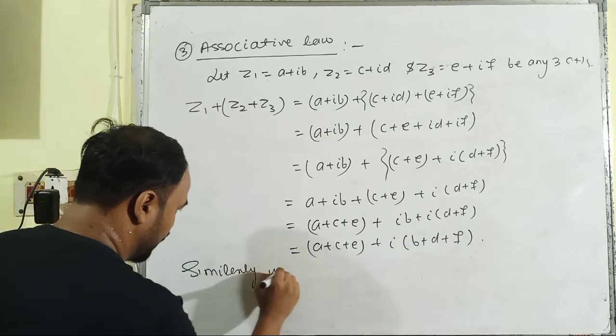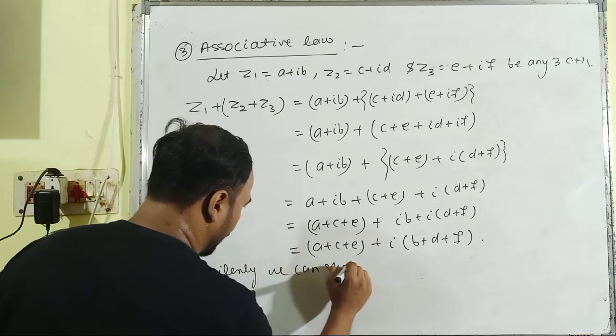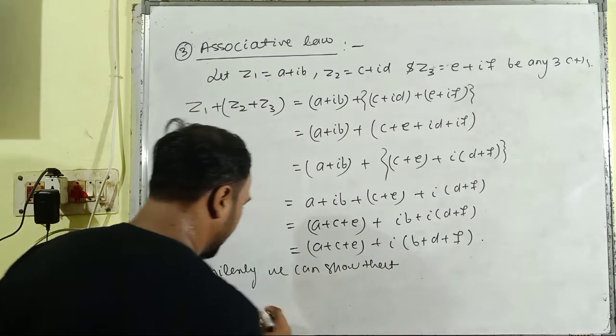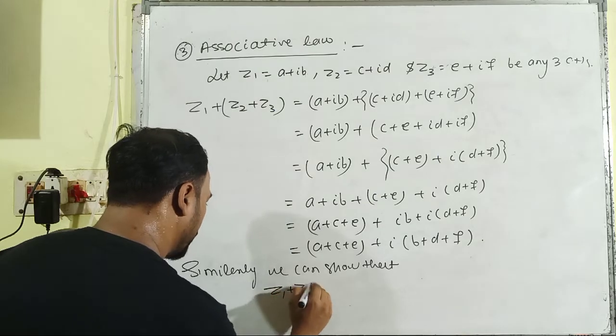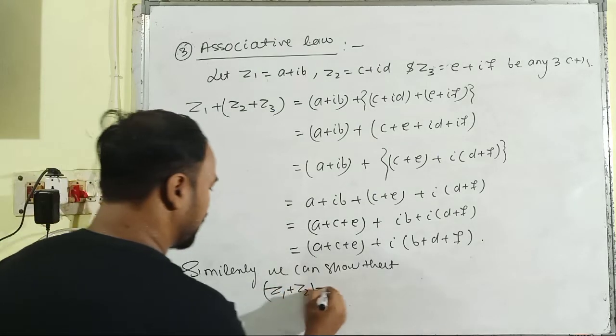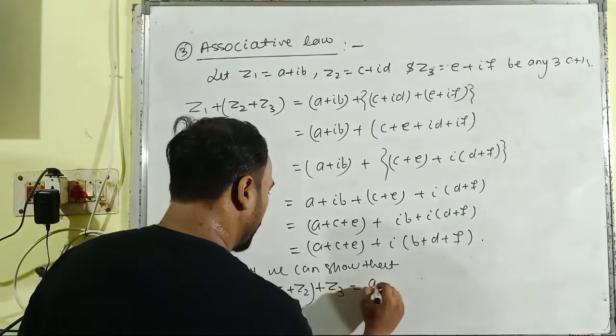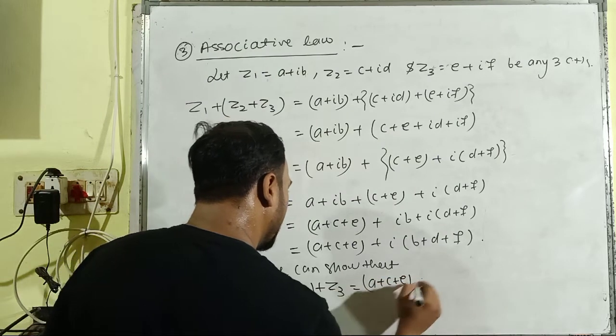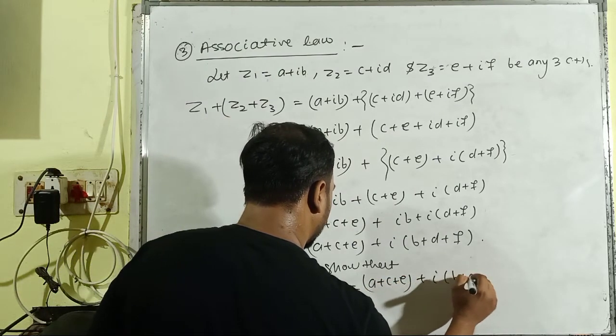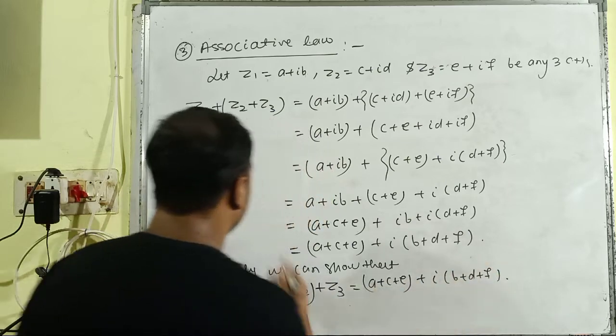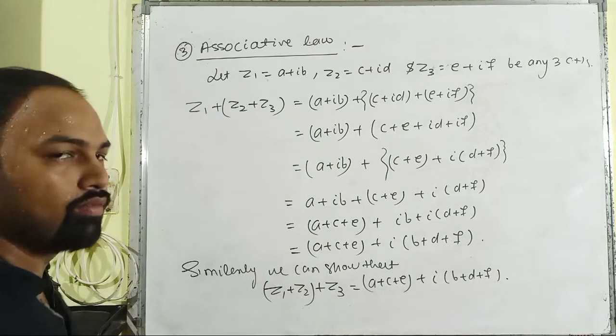Similarly, we can show that Z1 plus Z2, in the brackets, then outside Z3, it will be a plus c plus e plus i into b plus d plus f, and here both of them are equal.